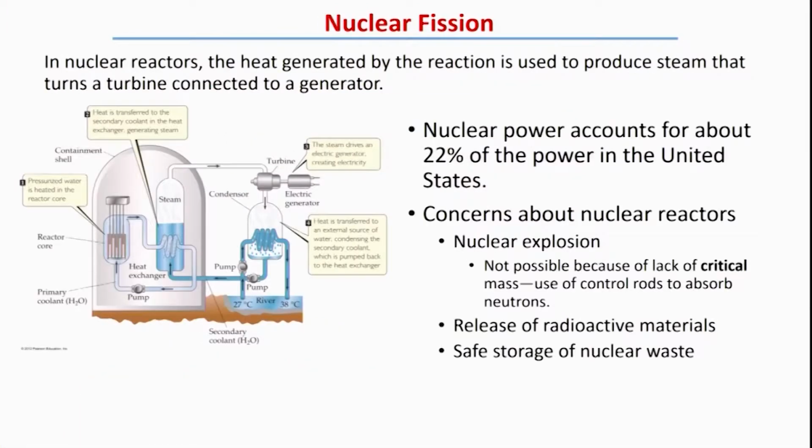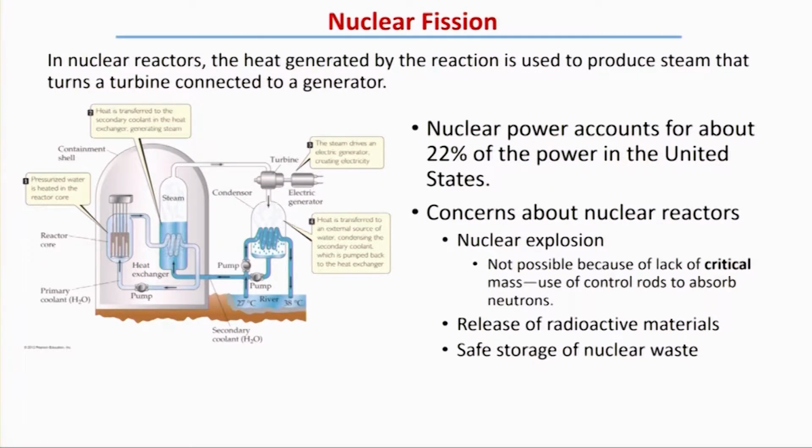Let's look a little more at the nuclear power part. So here's a nuclear reactor. You will have heat that is generated. This releases a lot of energy in the form of heat, and this then heats up water to make steam, and that steam, just like we've seen with other ways of generating electricity, turns a turbine, which then generates electricity for you.